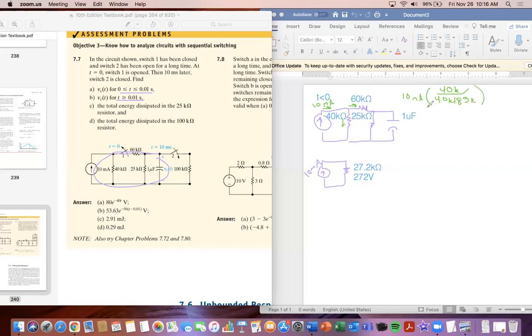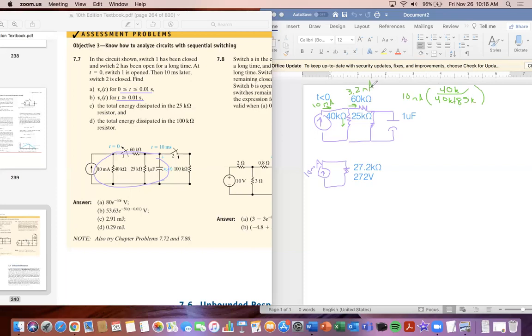So 10 milliamps times 40K divided by 40K plus 85K. I got 3.2 milliamps going to the right here.